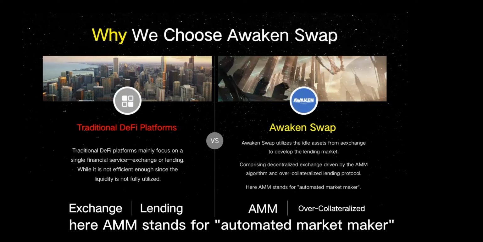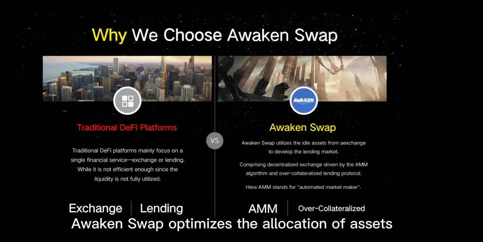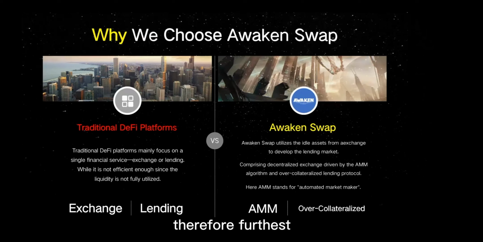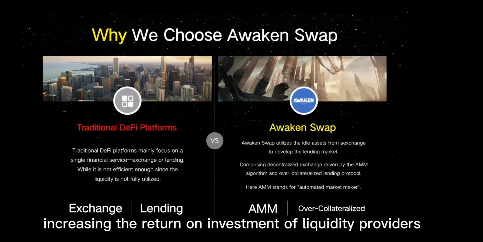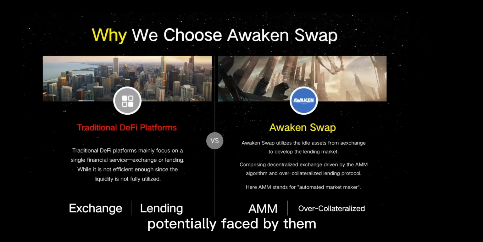Here, AMM stands for Automated Market Maker. AwakenSwap optimizes the allocation of asset inflows and maximizes the efficiency of asset utilization, therefore further increasing the return on investment of liquidity providers to compensate for the impermanent loss potentially faced by them.